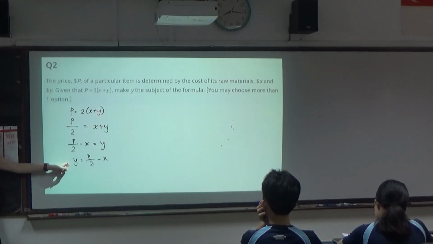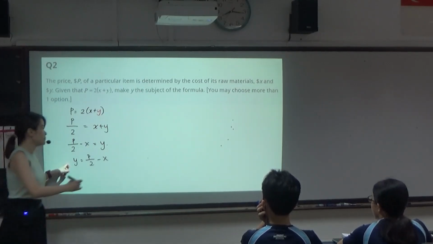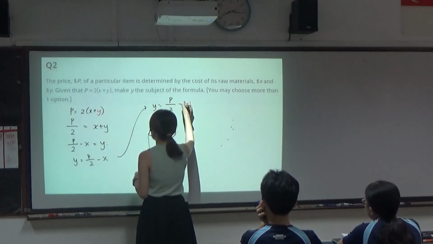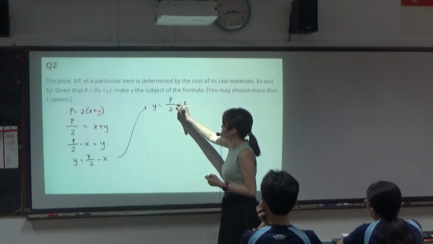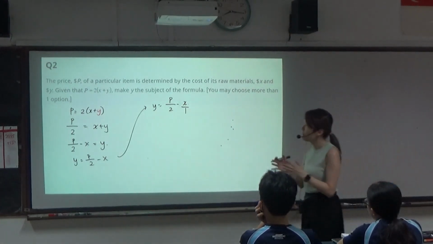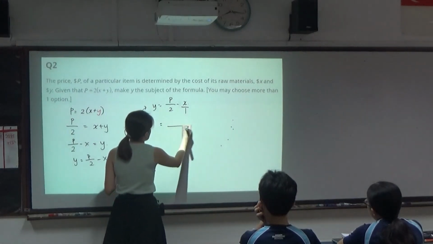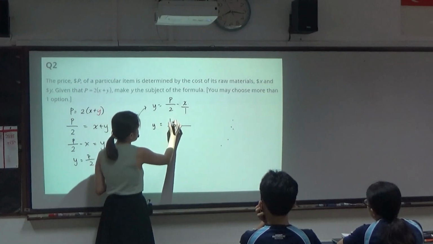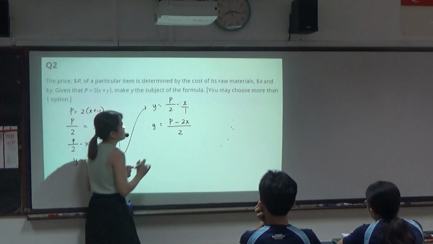There are other ways to actually represent this answer. With Y equals P over 2 minus X, it is the same as P over 2 minus X over 1. Correct? And if I want to combine them together, to have it as the same denominator, I can also say Y equals P minus 2X over 2.